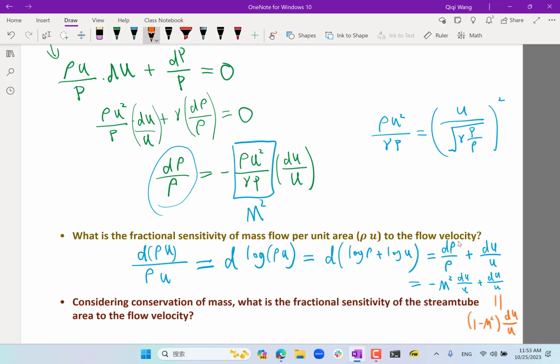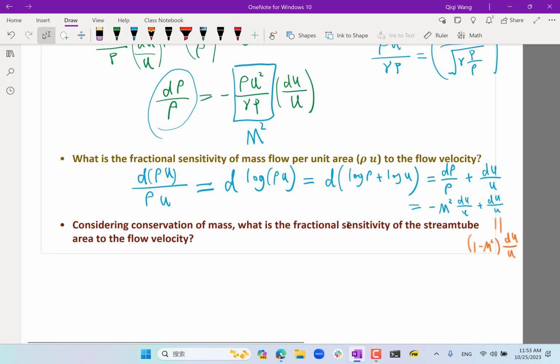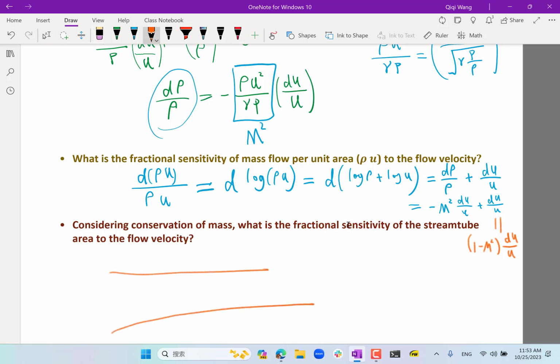Okay, right? So that translates into the last question, right? Considering conservation of mass, the fractional sensitivity of stream tube area to flow velocity. So if you have a stream tube going like this, right, the area decreases. The dA over A is going to be equal to 1 minus M squared du over u.